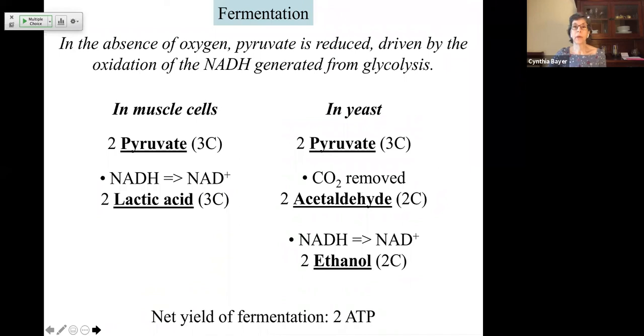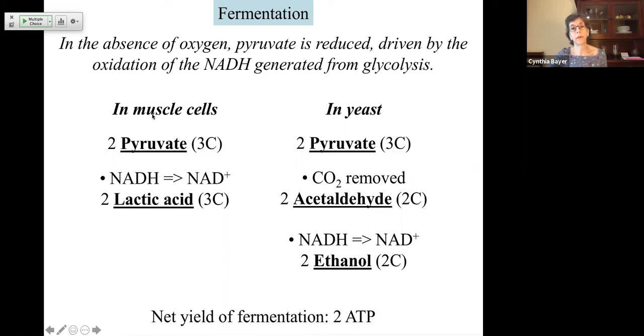Fermentation is the process by which glycolysis occurs, but the pyruvate that is being formed is reduced. And it's reduced to a molecule that can easily exit the cell so that glycolysis can keep moving forward.